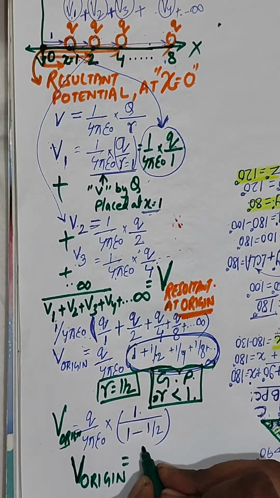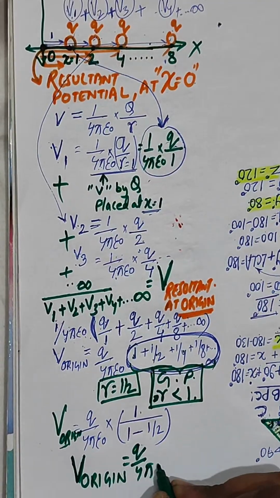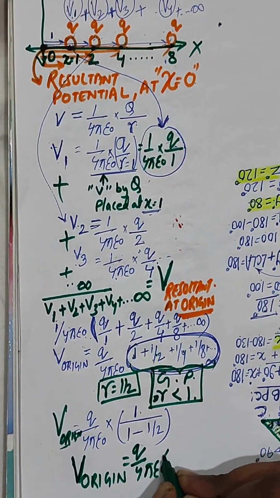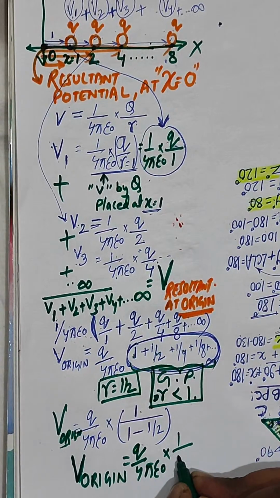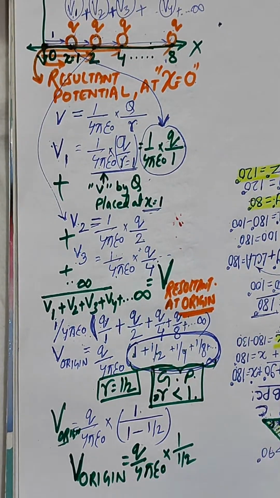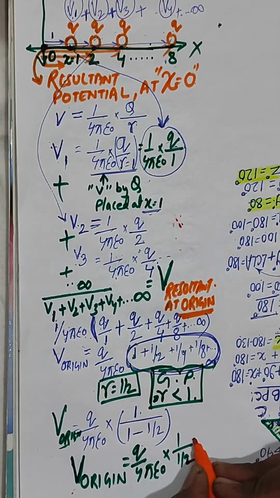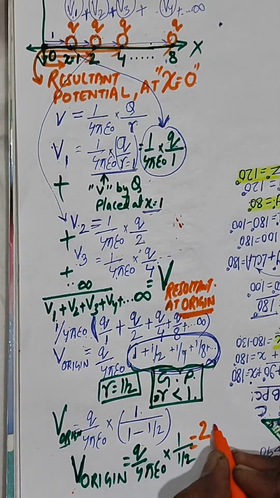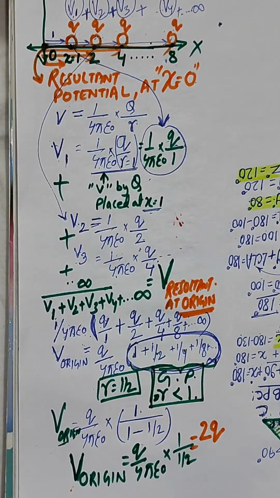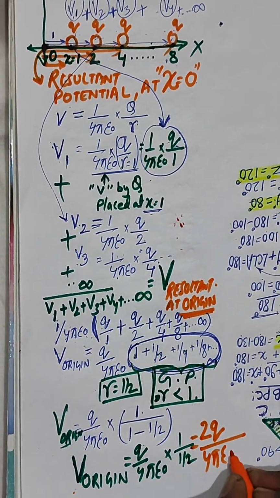So this will give you q by 4 pi epsilon 0 into 1 by half, right? So the final resultant potential will be 2 times q divided by 4 pi epsilon 0.